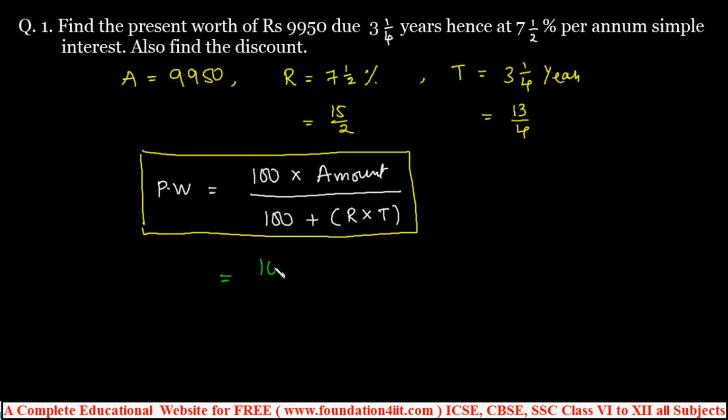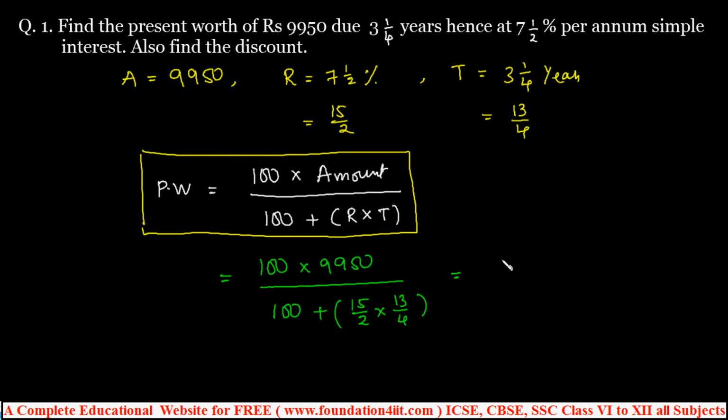That is 100 into amount, and the amount in this problem is 9,950, divided by 100 plus r into t, where r is 15/2 and time is 13/4 in years. Yes, we can simplify. Don't cancel this 100, because it is into and this is a plus.